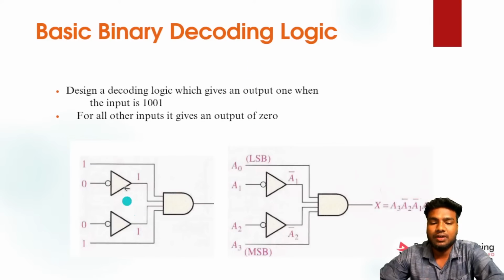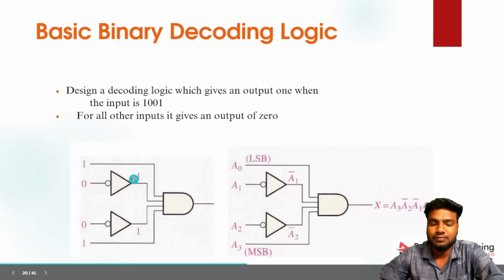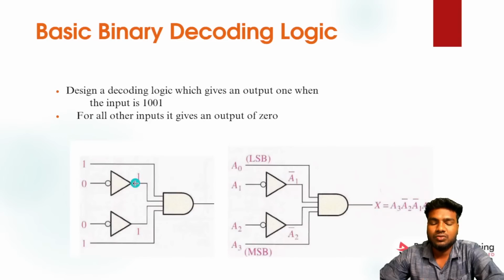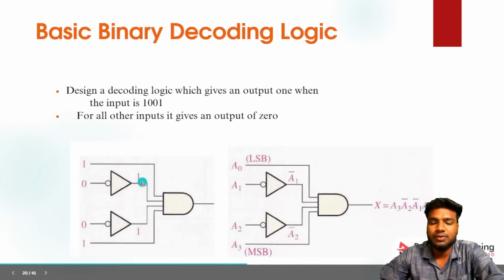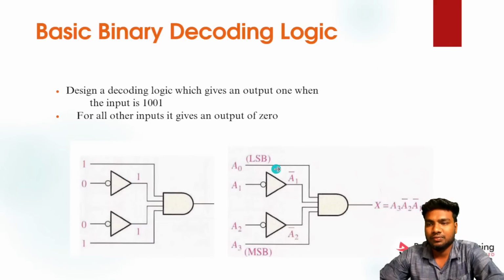So for the inputs that are 0, we need to add some NOT gates here. This is the NOT gate symbol. Using a NOT gate, you can give the opposite of your input.